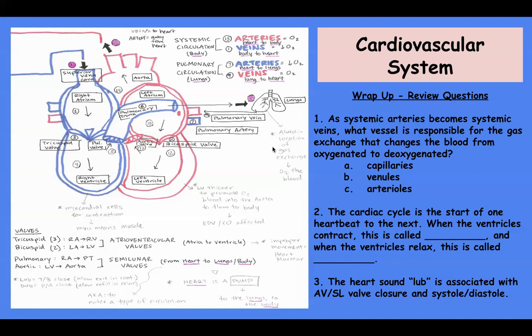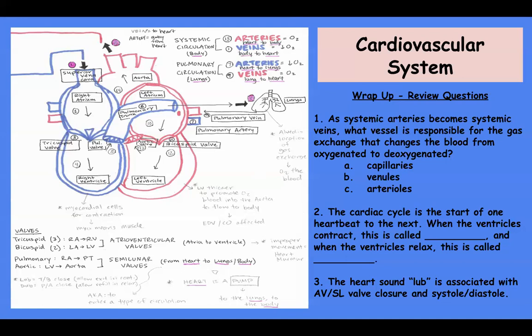Let's answer number 2, the cardiac cycle. We didn't really touch on the cardiac cycle in this presentation, but it's something that you learned in lecture. Basically, the cardiac cycle is the start of one heartbeat to the next, right? The heart pumps and produces a heartbeat. When the ventricles, these 2 bottom chambers of the heart, contract, there's a certain name for that part of the cardiac cycle.